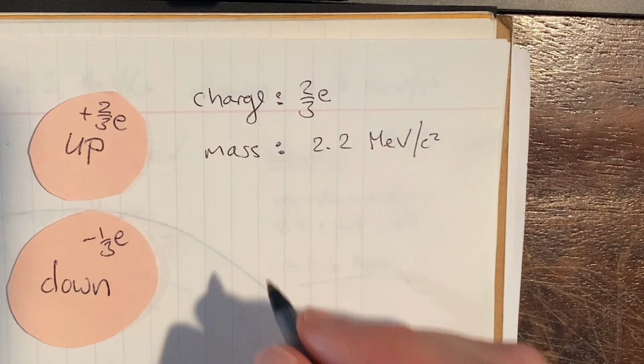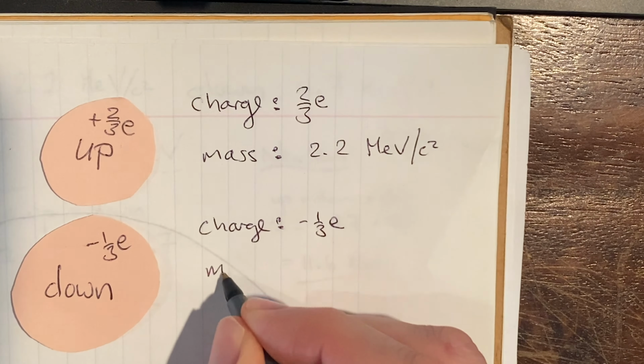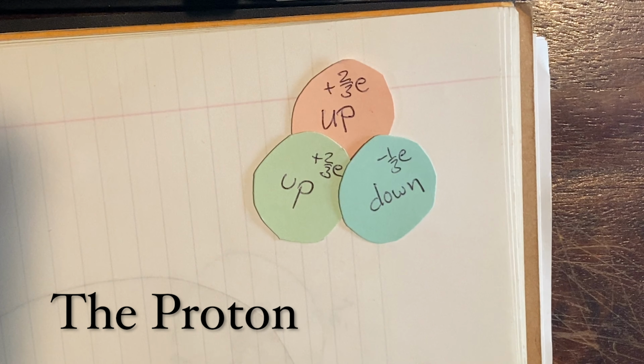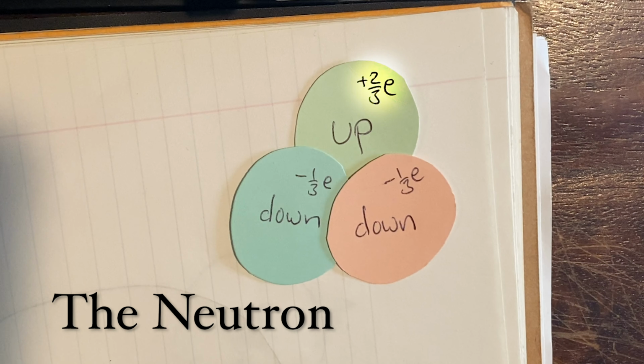The down quark has a charge of -1/3 the electric charge and has a mass of about 4.7 MeV. So the proton has a charge of 2/3 plus 2/3 minus 1/3, which is 1 electric charge. The neutron, 2/3 minus 1/3 is 0.